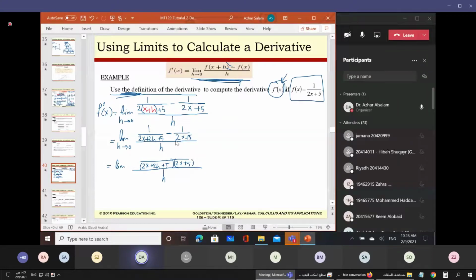I will just multiply these denominators together. And here, instead of this one, I will multiply 1 by 2x plus 5 minus, this is the minus, 1 multiplied by this, which is 2x plus 2h plus 5. Okay.